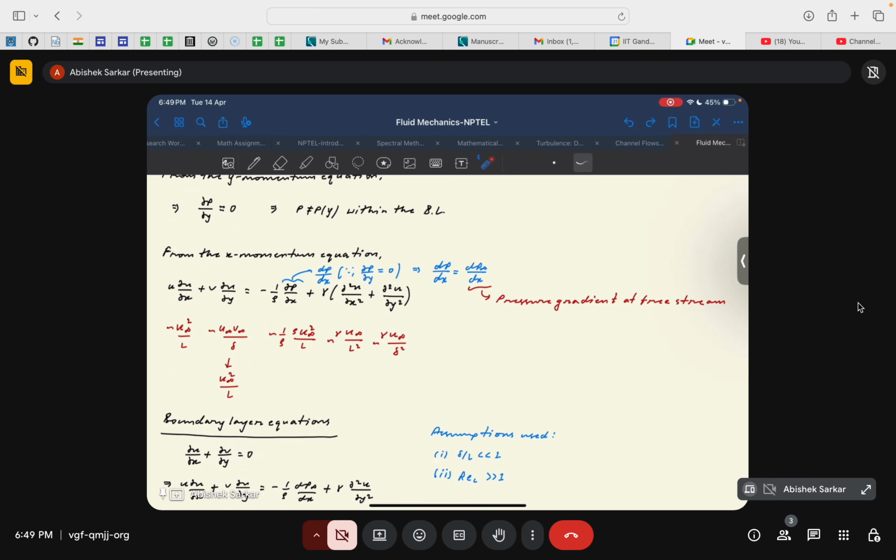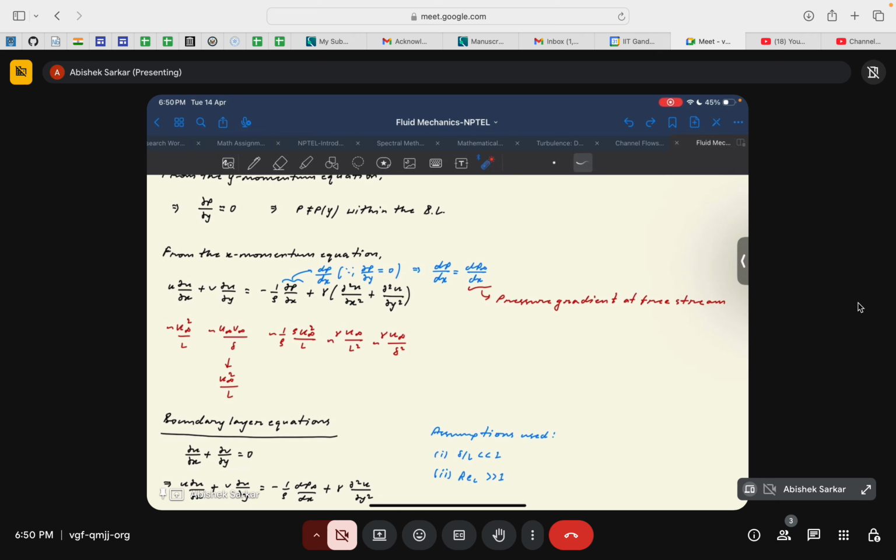So at least considering these two terms and this term, we cannot cancel out any of them. Now let us see what the viscous terms give us. We have nu u infinity by L squared for the first term, and the second term will scale as nu u infinity by delta squared.